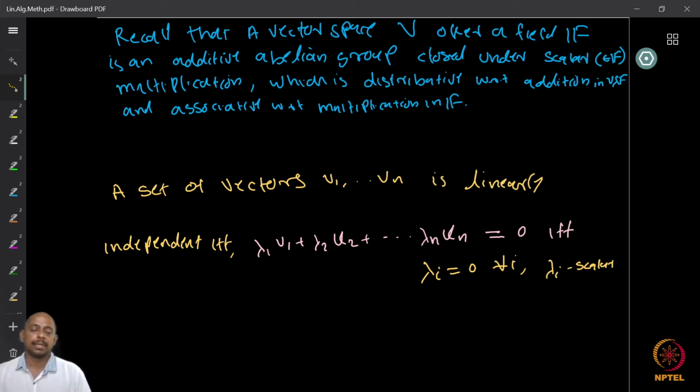All these examples you must have seen. And the scalars are elements from a field like the real numbers, rational numbers, or other fields like F2, finite fields, Fp for any prime p. All these are examples of vector spaces.